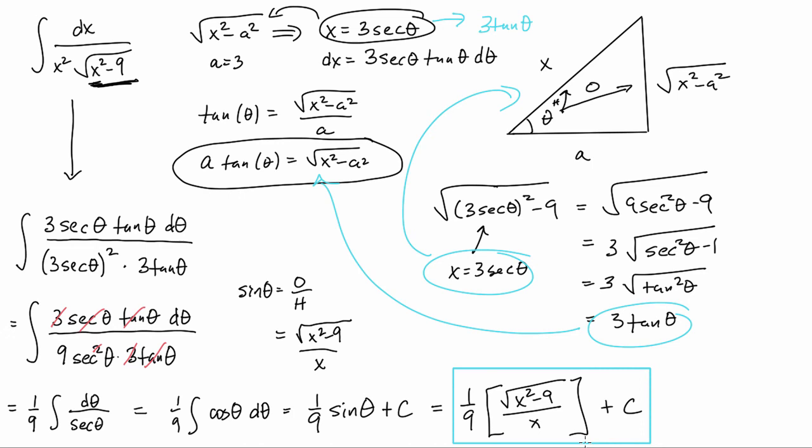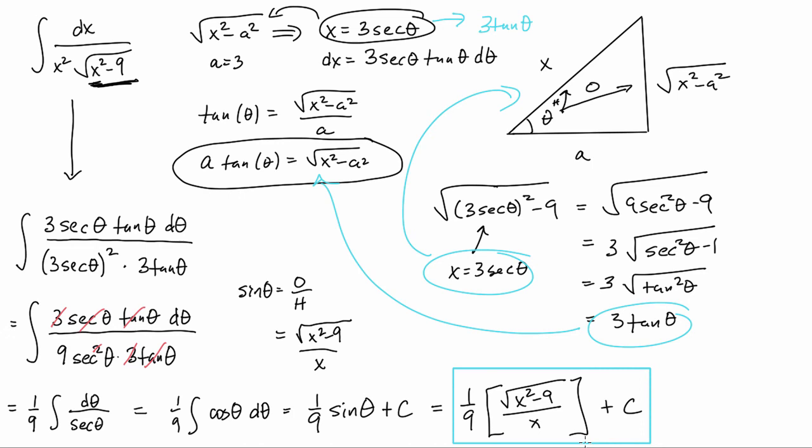So for this example, the radical is x squared minus a squared. The substitution is a secant theta, and the result of plugging it in is a tangent theta. So if you just get in the habit of thinking like that, that's going to greatly reduce the frustration on these problems. Remember, the tests are open book, open note, and so you're going to be able to refer back to these substitutions to figure out which ones to make.